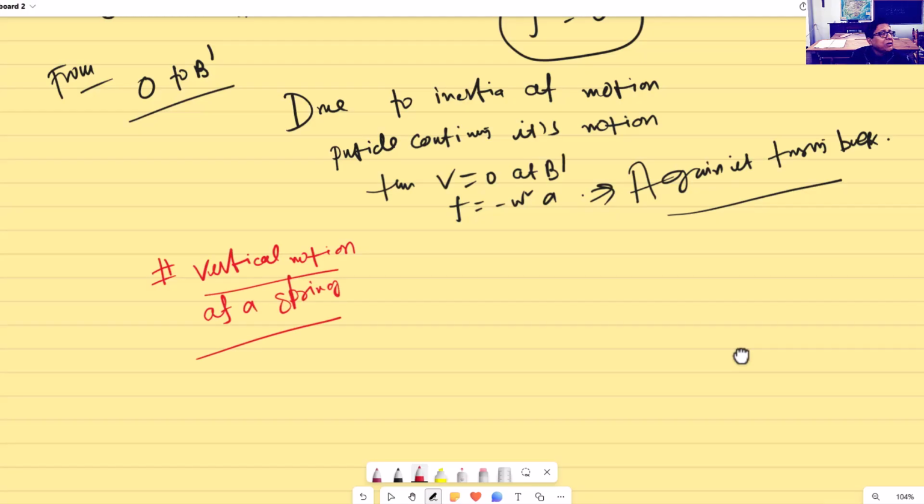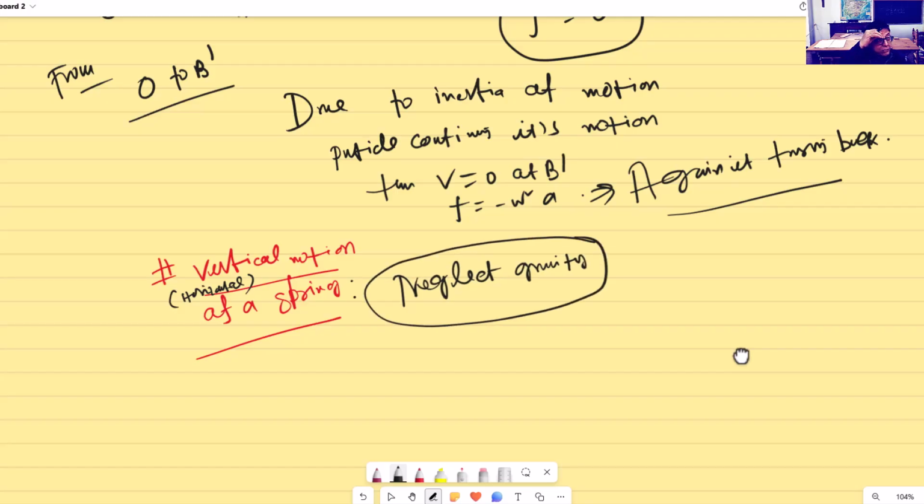Why not horizontal motion? In both cases, vertical or horizontal, I am saying it will perform SHM. At present, you neglect g, neglect gravity. Before we start setting up this example, I'd like to say something.